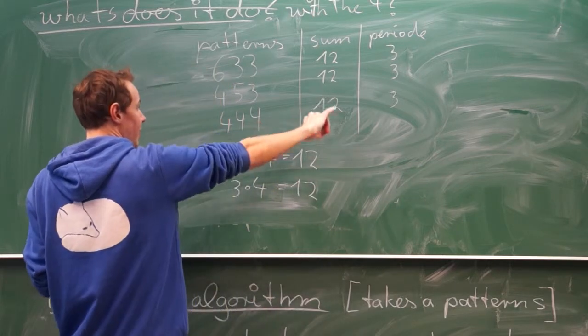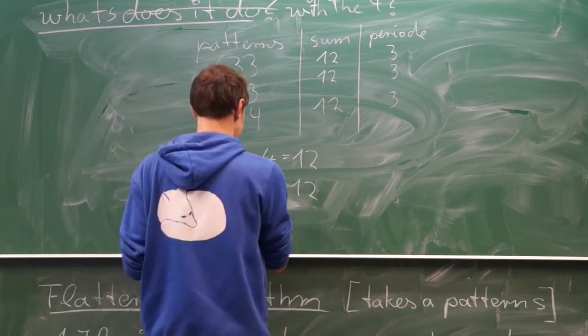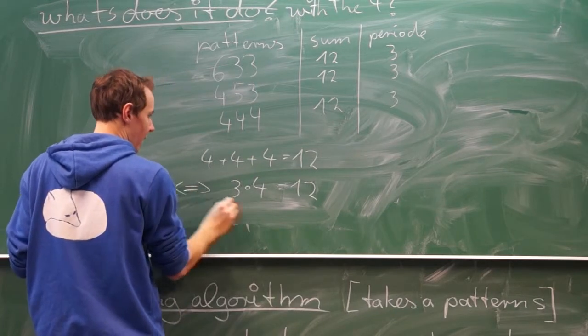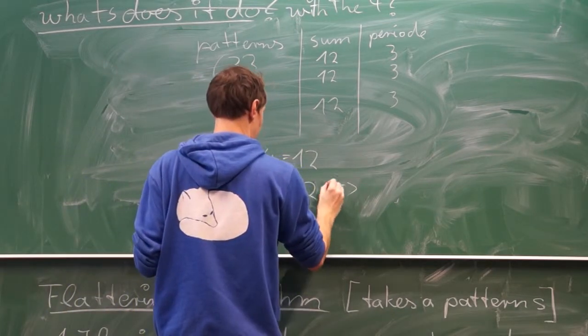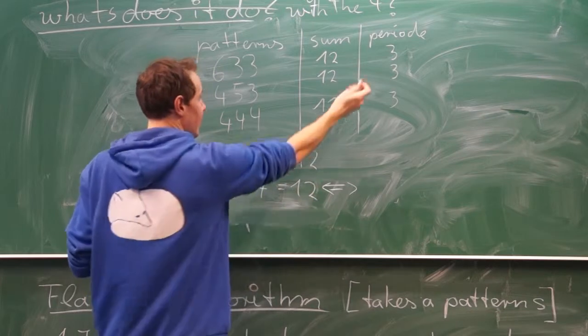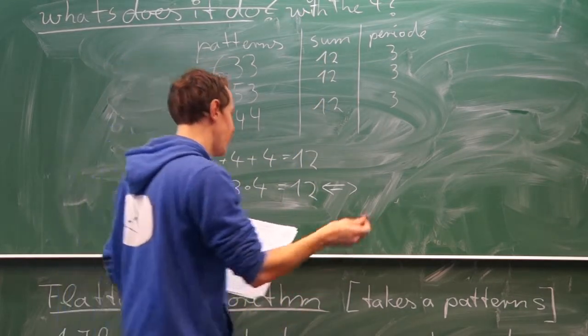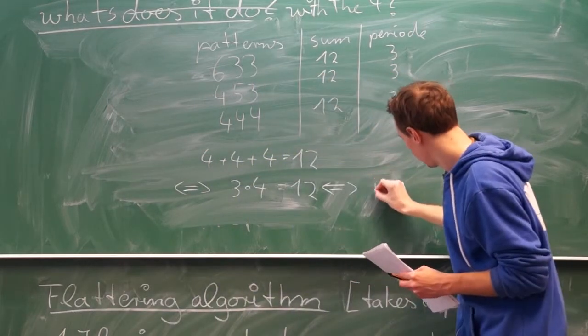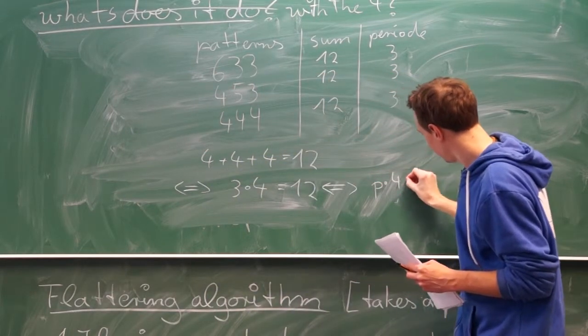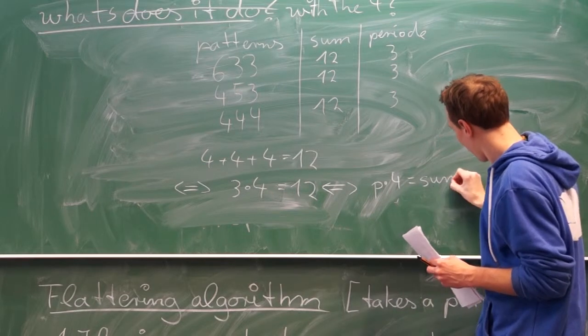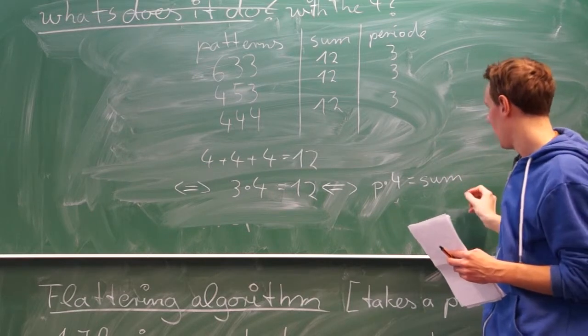Since we know that the period is 3, we could also write it this way. We know that the period is 3 and the sum is 12. So I could also write it as p times 4 is equal to the sum of S, okay?